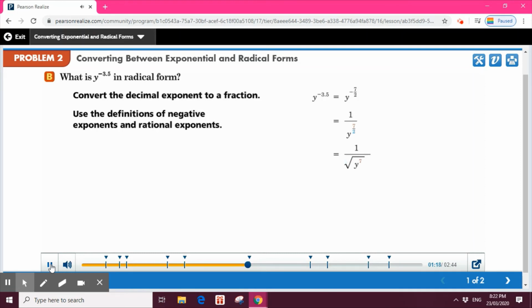Remember that when you write a square root, you don't need to write the index. Finally, factor the denominator and simplify.